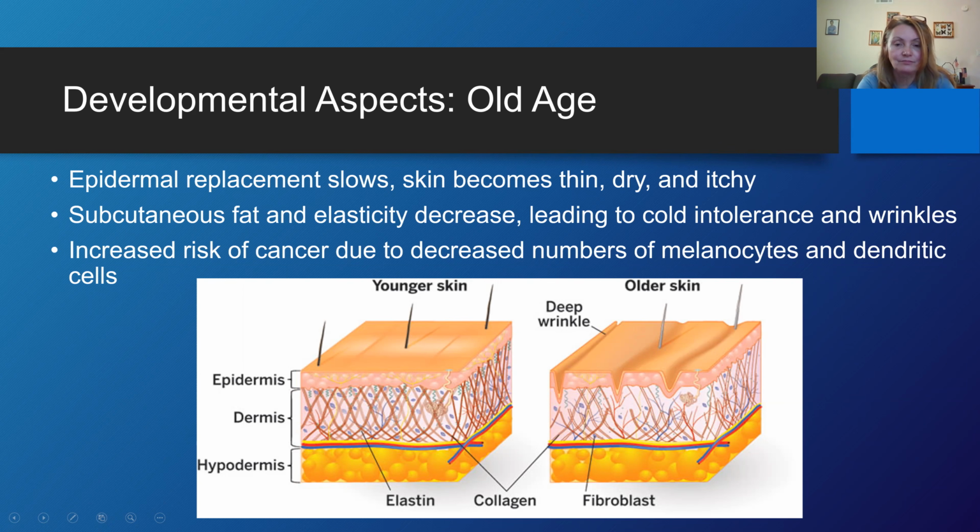It doesn't show over here, but the subcutaneous fat layer also becomes thinner, and the whole dermis becomes thinner, while the epidermis can actually even get thicker, but the dermis, this part, becomes thinner.